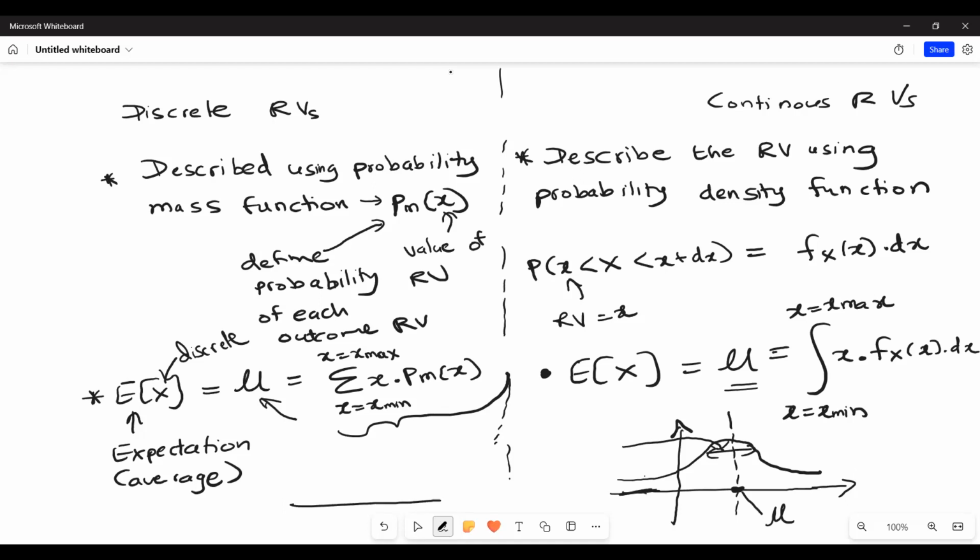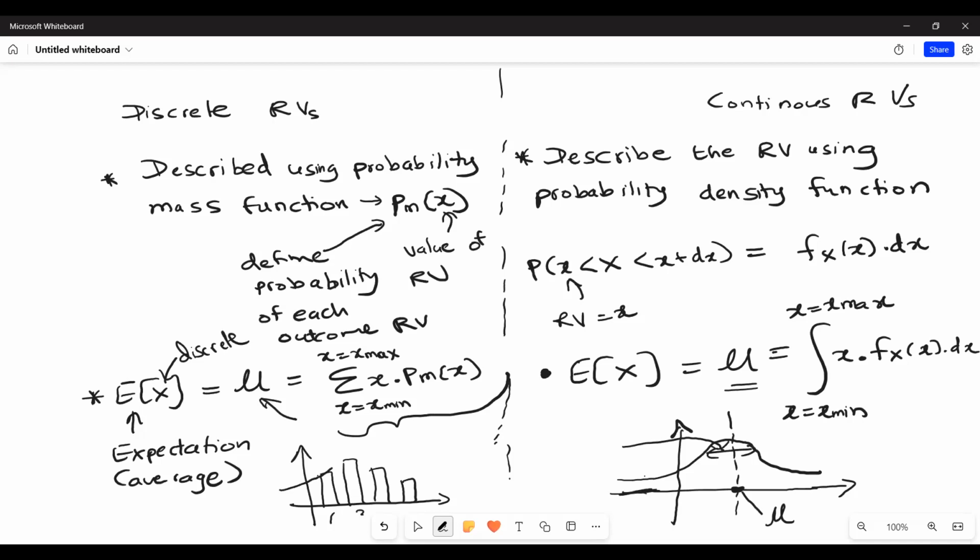Then we have the same thing for mass functions also. Probability mass functions are discrete, and the discrete probability values are defined for each of the random variable values. Then we can take the mean value out of these values and define where the mean value is.